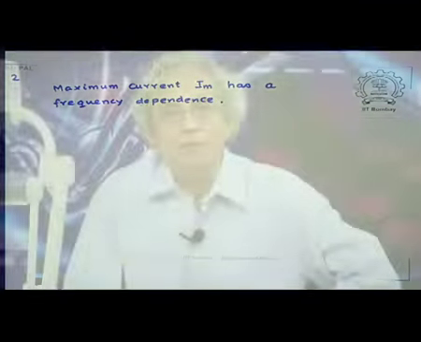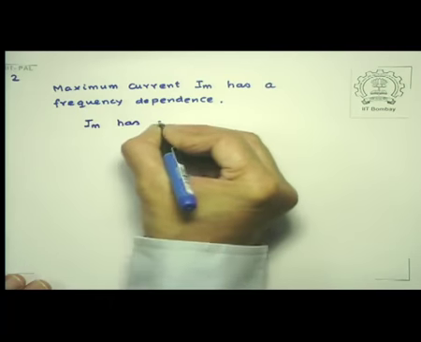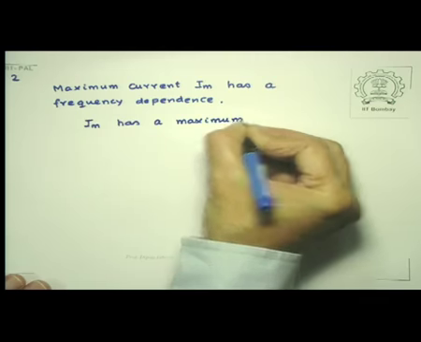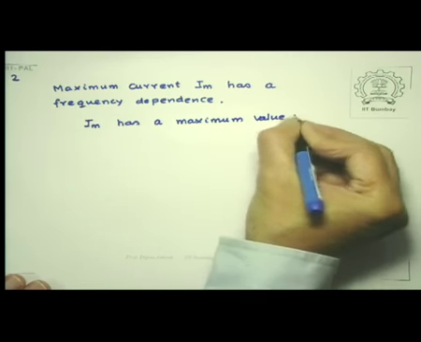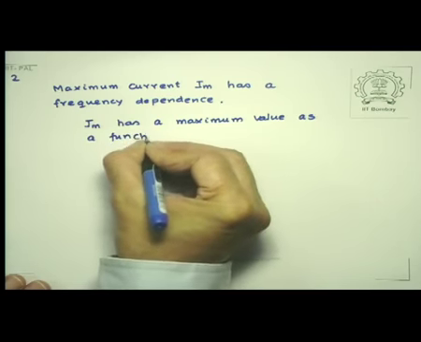Now this maximum, for a given circuit, if I am allowed to vary the omega, the frequency, will have a peak. So I will be saying Im has a maximum value as a function of omega.